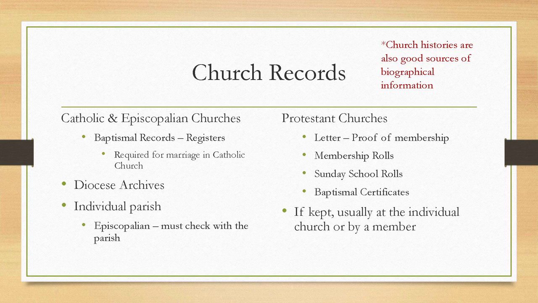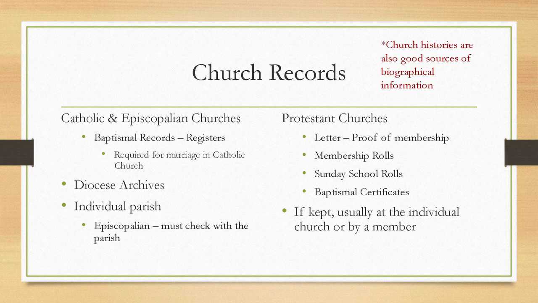If anyone doesn't know, parishes in an area are all grouped under a diocese, and then they're grouped into a larger thing. It goes with the Catholic hierarchy. If you're looking for Episcopalian church records, you have to go to the individual parish. Their overriding organization doesn't have those records. So you'll have to figure out which church they went to get those.